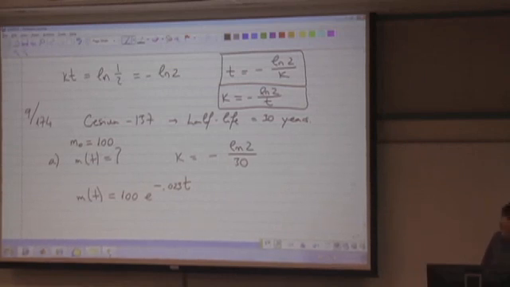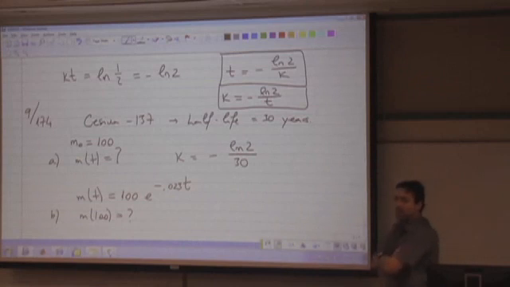Part B. How much of the sample remains after 100 years? Would you know how to guesstimate, by the way? Obviously, we're looking for m of 100, but would you have any idea how much it is without actually putting it in? In 30 years, you get half.